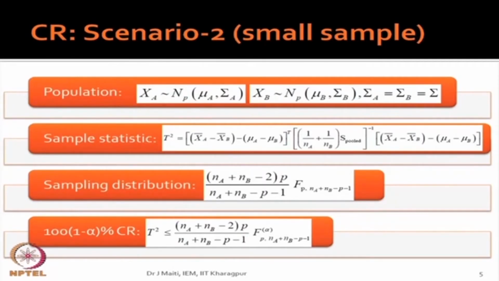Small sample case. All those things are available in the Johnson and Wichern book, but they have used some other notation, not A, B, maybe 1 and 2.